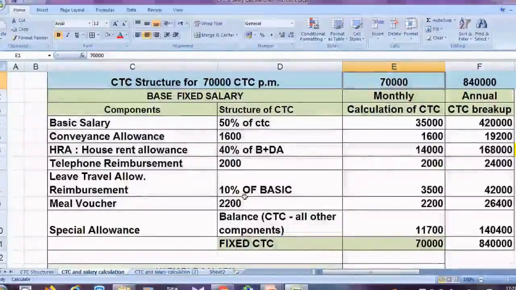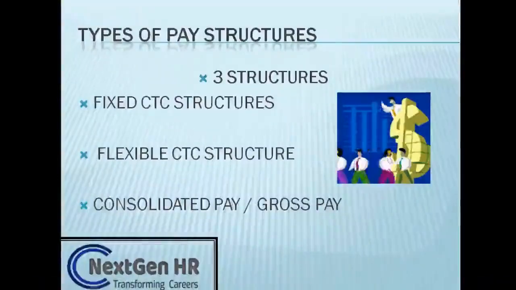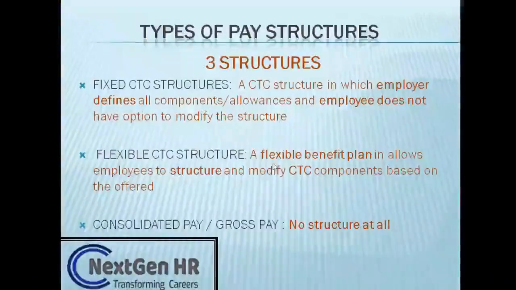Now we will discuss what is a flexible CTC structure. So as you understood, fixed CTC structure is one in which the employer has already fixed the components of the salary structure and also given a certain range or a percentage or an amount to each component, which is well defined by the employer. So let us talk about the flexible CTC structure or flexible benefit plan, FBP in other words.